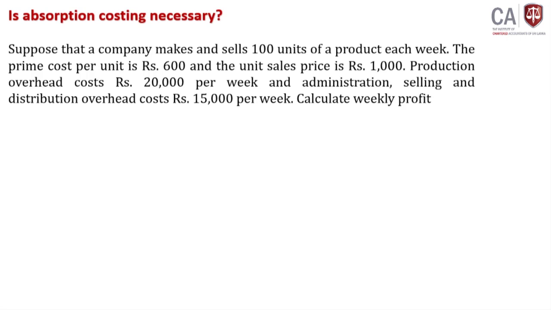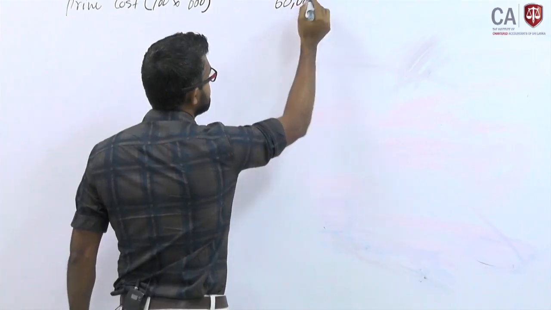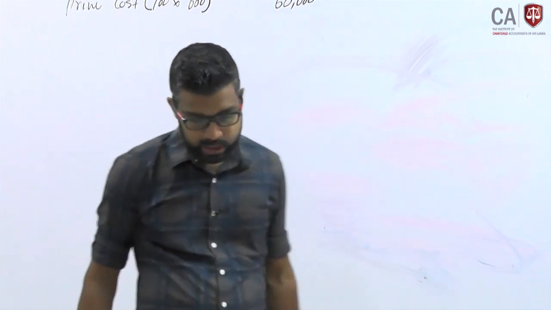Then prime cost, which is the variable cost. They sell 100 units and prime cost per unit is 600, which means 60,000.